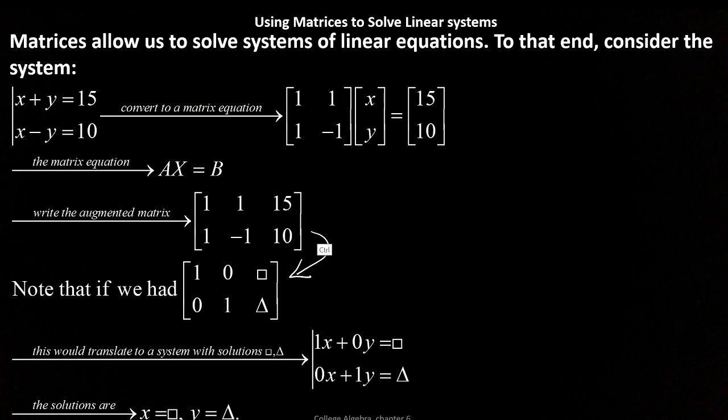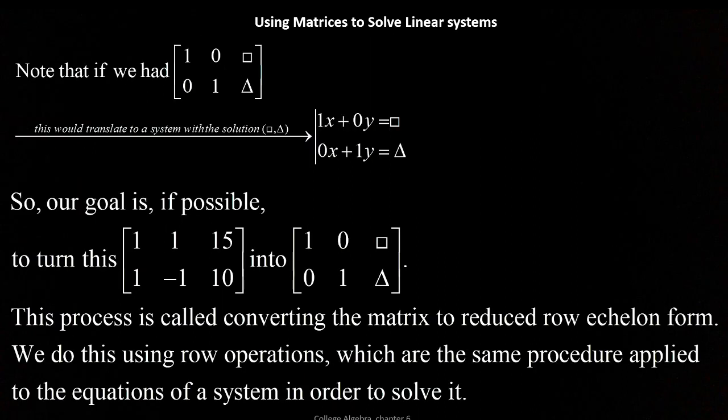Okay. So the goal is to take a system, write the augmented matrix, and write it this way. And this is called the row reduced echelon form in the calculator. I'm going to show you where it is. So our goal is, if possible, to take this and turn it into this.